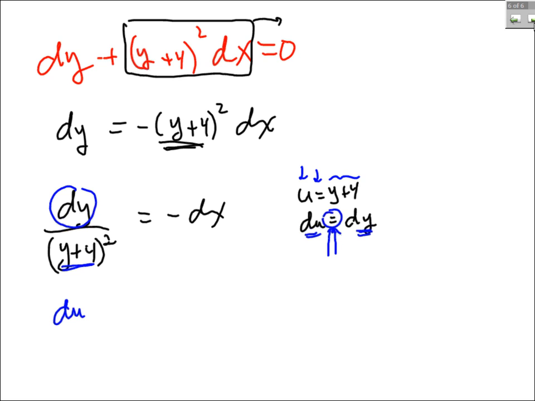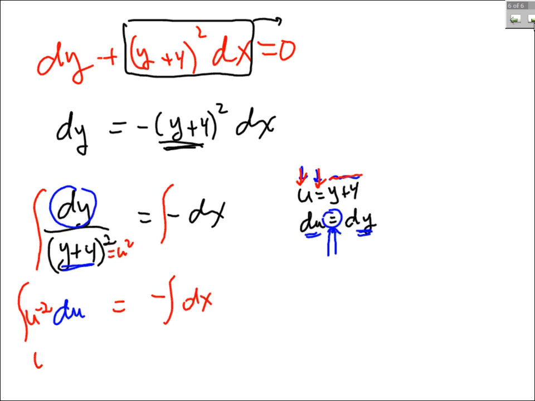Sorry. It says this is u. So this will become u squared. If I bring it to the top, it becomes u to the negative 2. And this is equal to, so I'm integrating both sides, the integral of dx, and I'll put the minus in front.